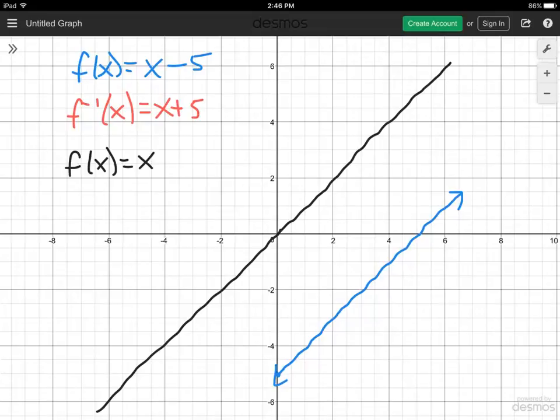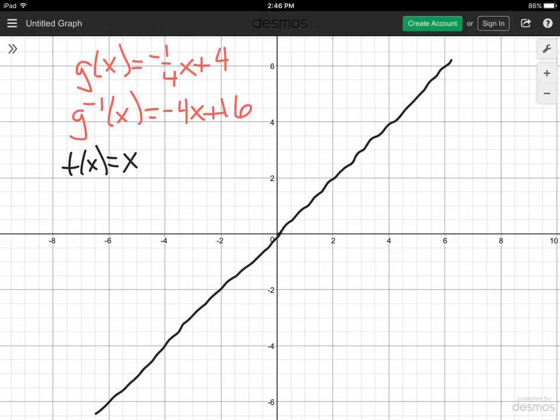And if we graphed its inverse, what you should notice is that these are reflections across the y equals x line. The original function and its inverse are reflections across y equals x.